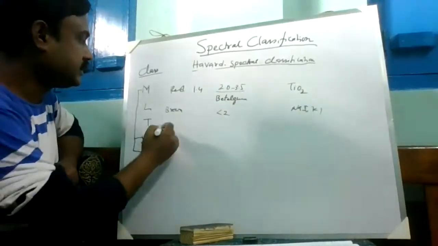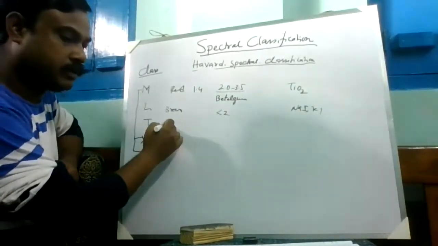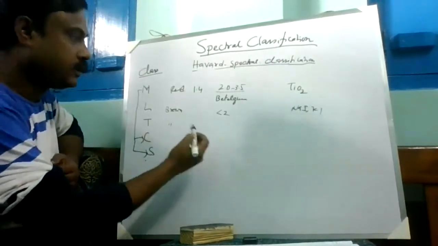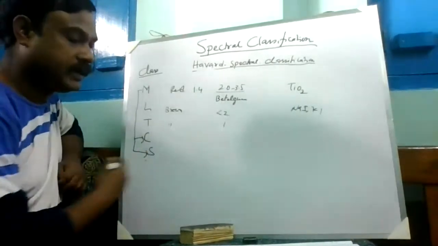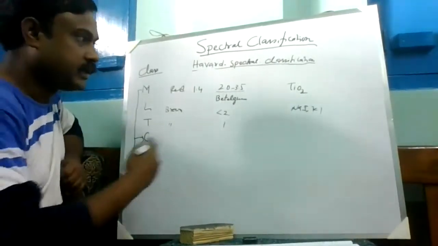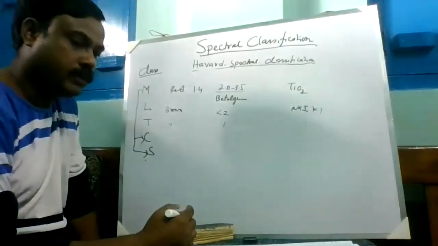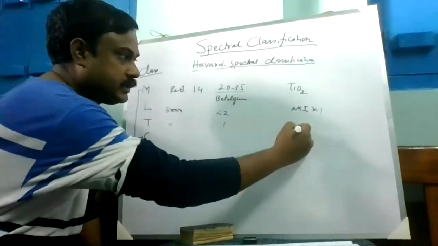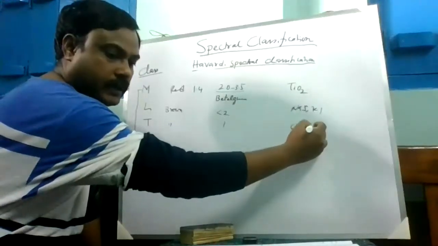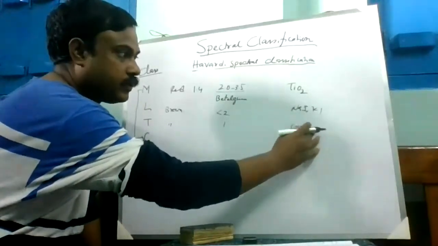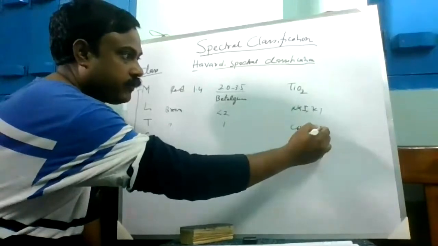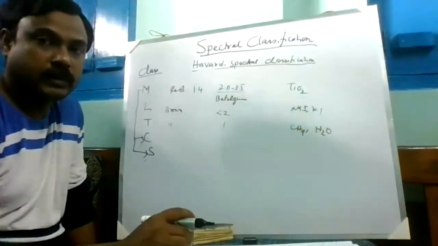T spectral class: its color is also brown. Its temperature is 1000 degrees Kelvin, and here there are strong molecular absorption bands of CH4, absorption lines of hydrogen molecules and methane molecules.